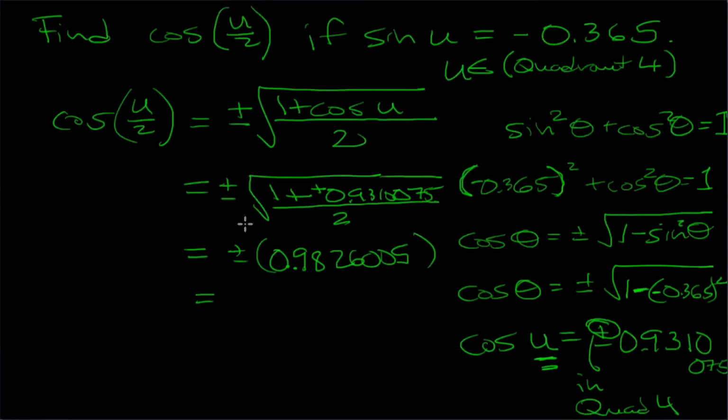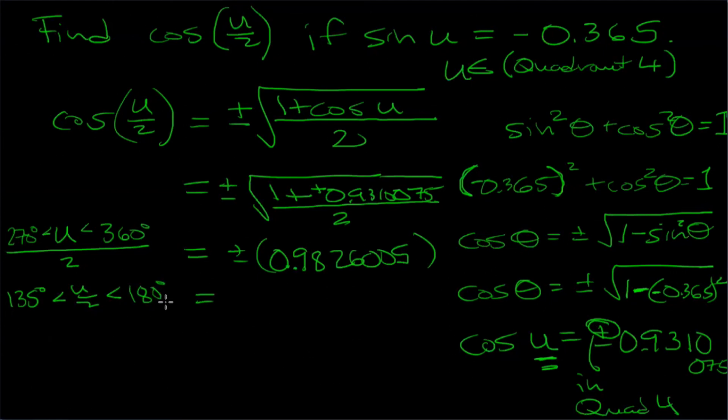Yeah, but here's where the trick comes in. Is it plus or is it minus? So u is in quadrant 4, which means it was between, in degrees, 270 and 360. So if I wanted to find out what u over 2 is between, I would divide everything by 2. Then I'd have 135 less than u over 2 less than 180.